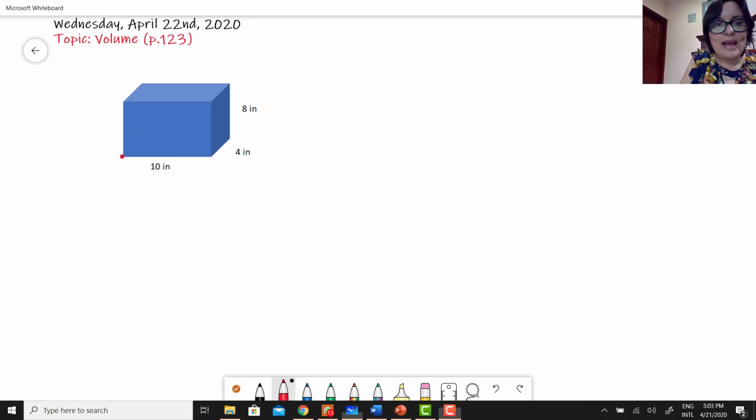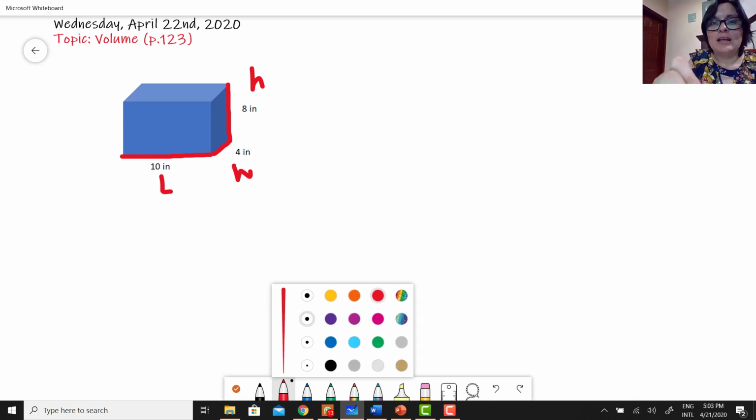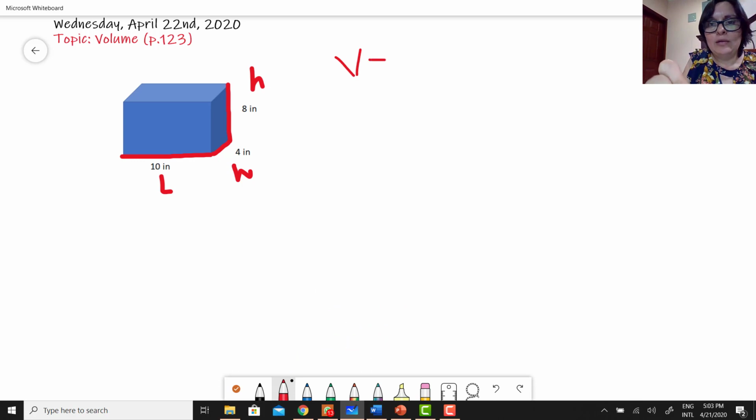By this side, we have length. By this, we have width. And by this, we have height. So the formula for the volume is volume equals length times width times height.